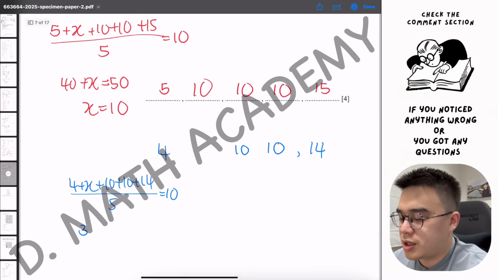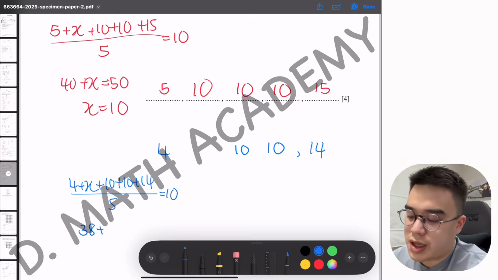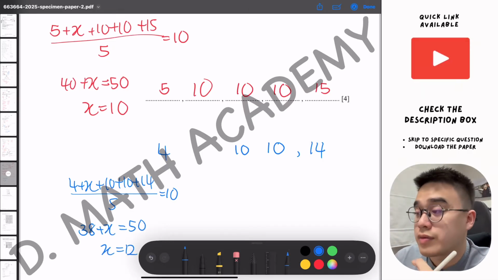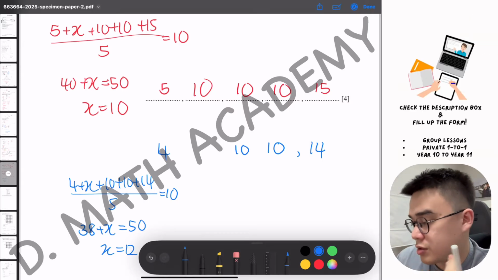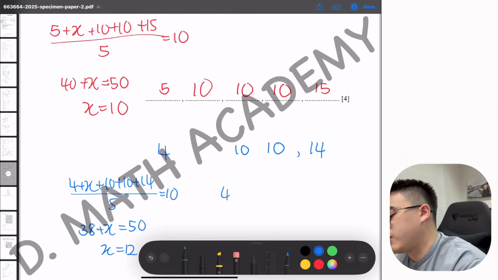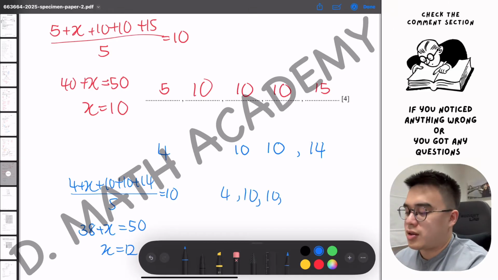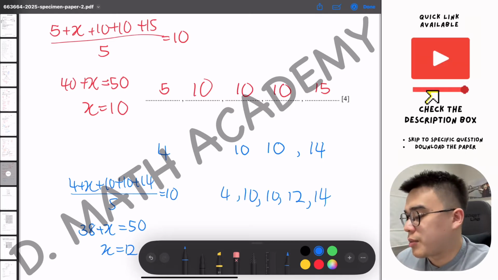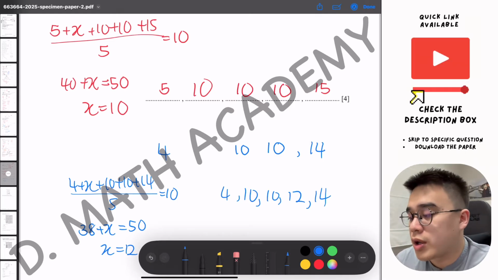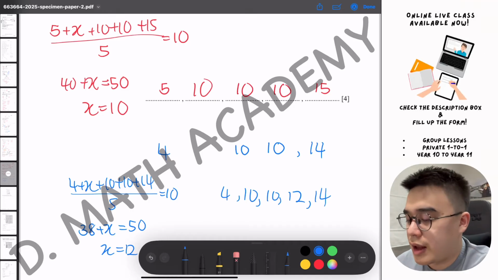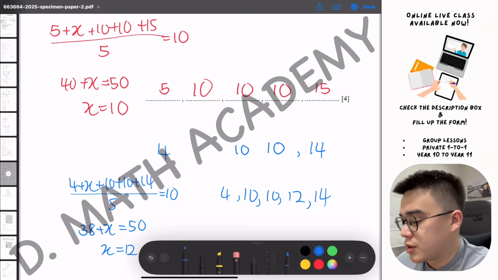So when you add up all of them, you get 38 plus x equals 50. X will be 12. So this is one of the answers, making it 4, 10, 10, 12, and 14 as the possible answer combo. Again, there's no right or wrong. Choose whichever method works best for you.